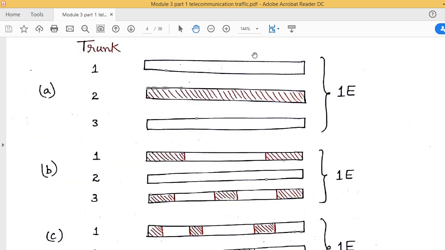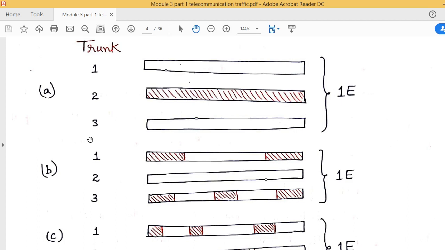Here all 3 different trunks are busy over one particular duration. If a fourth observer or fourth caller wants to make a call and we are supported with only 3 trunks, all 3 trunks are busy over the duration of 1 hour.